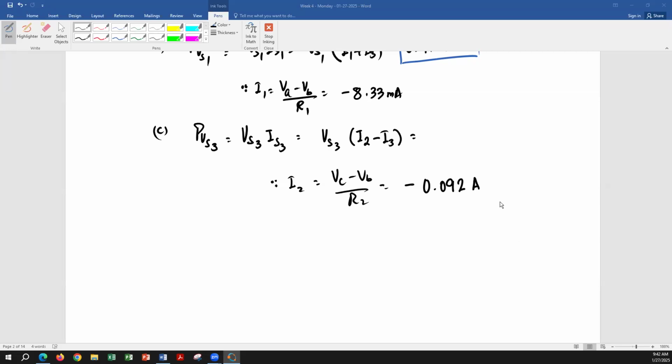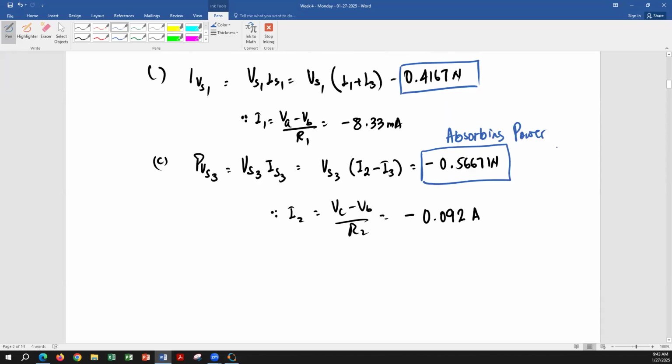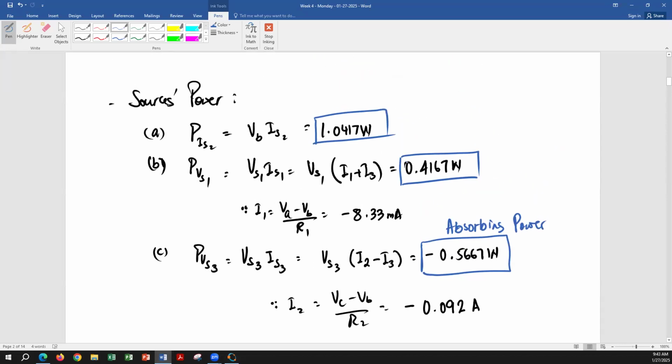So negative 0.5667 watt. Negative power supplied is positive power absorbed.